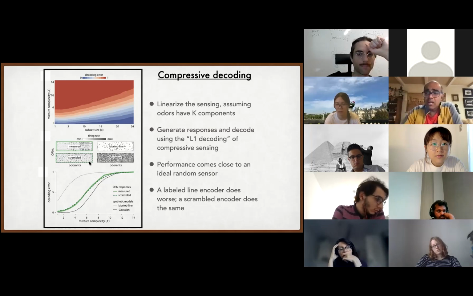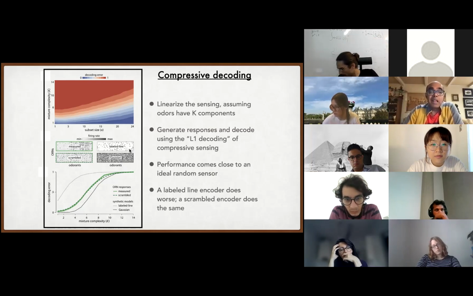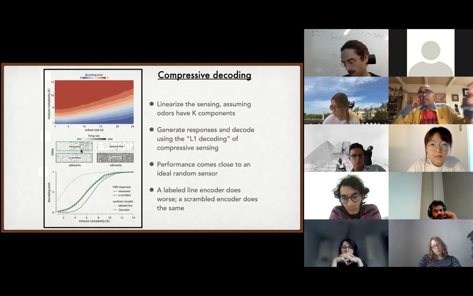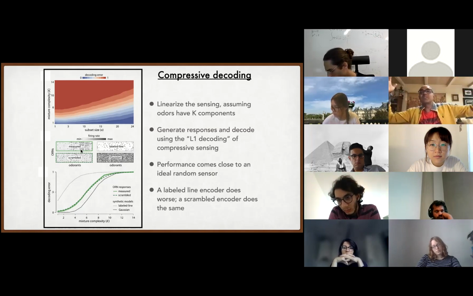Then you can hypothetically imagine other kinds of olfactory systems: scrambled versions of the measured one, a Gaussian random one, which would be ideal according to the theory of compressive sensing, and a labeled line one, where you threshold the measured response so that a given receptor responds only to the 5 odorants to which it's most responsive.